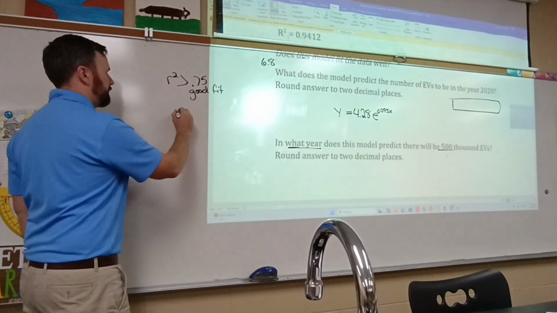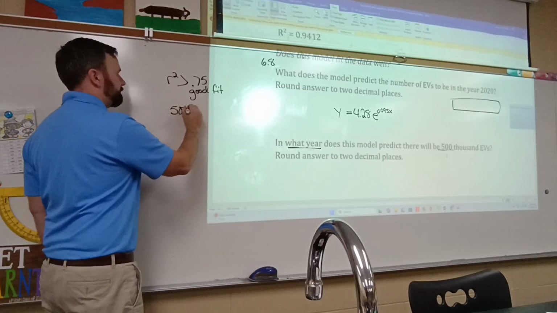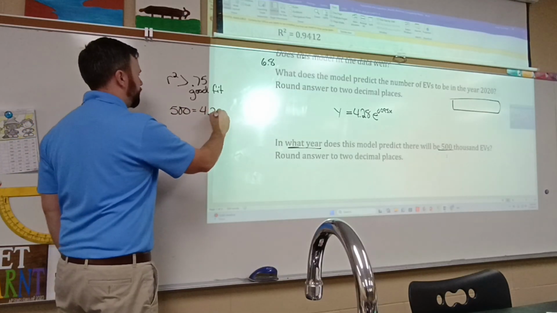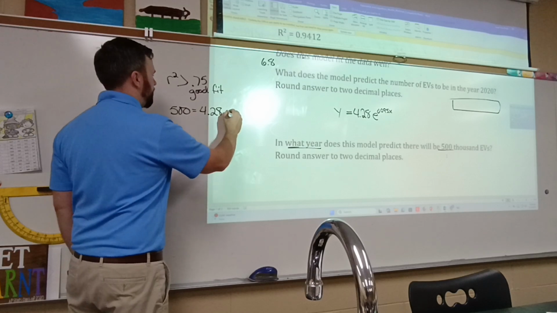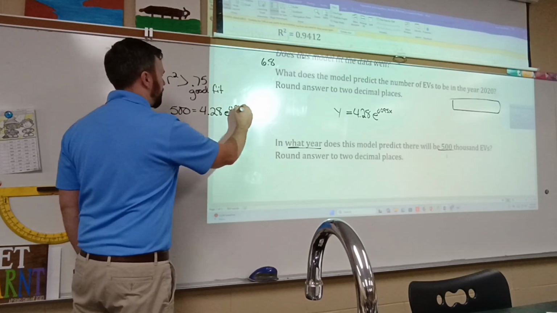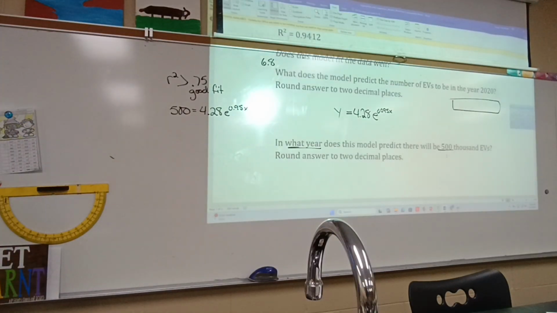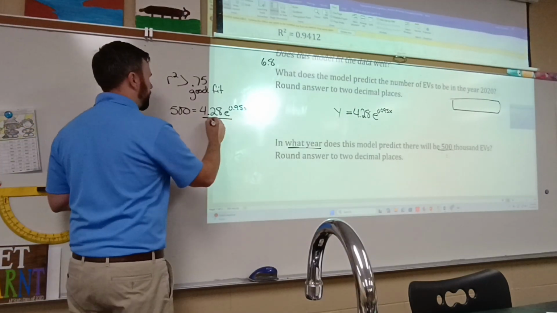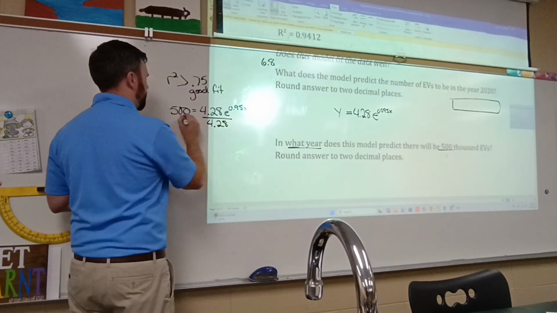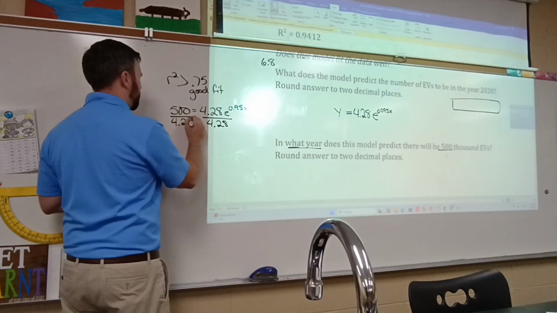So I'm going to do 500 equals 4.28 e^0.95x. Or t, you could plug in a t there if you're used to it. So once I have that equation, is there anything new here than what we just did for the last three? No. Divide by your 4.28.